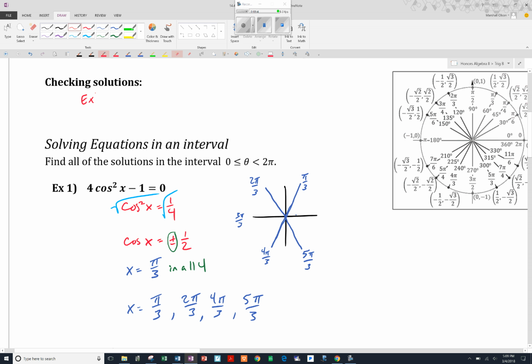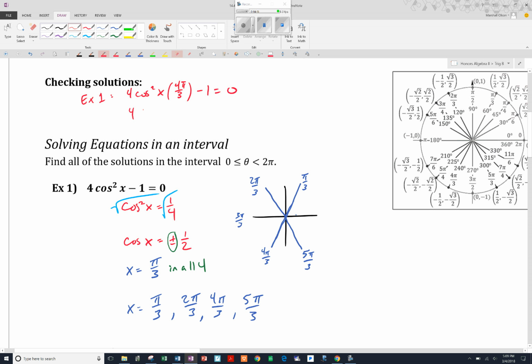So, for example, let's just use example 1 here to show that. And not that we would do this for every problem, but just so you see that any of these would work. Let's just randomly pick any of these 4 answers. I'm going to pick that one, 4 pi over 3. That 4 times the cosine squared of 4 pi over 3 minus 1 equals 0.